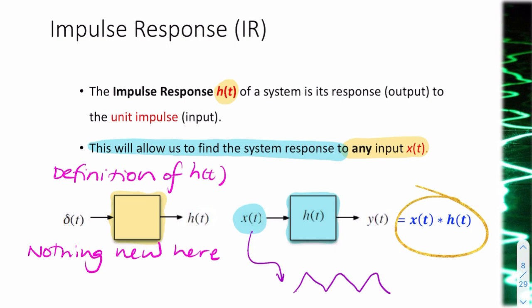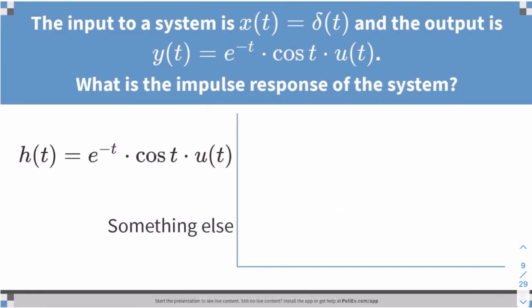Quick question. If I have a system with an input x equals delta of t, that means a unit impulse. All right, so that's my input. And the output is this: a one-sided exponential.